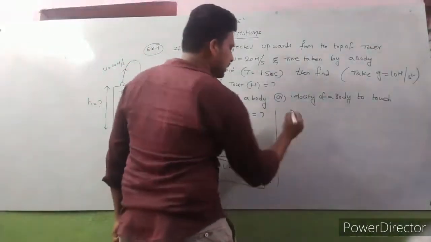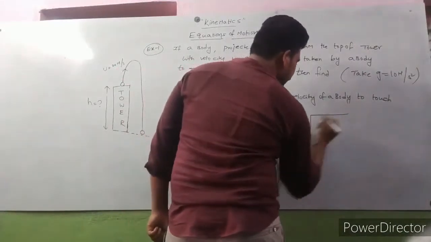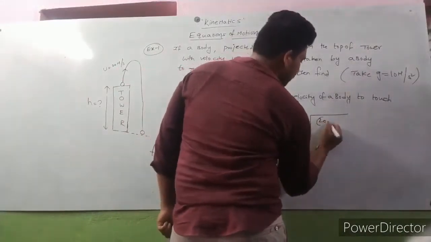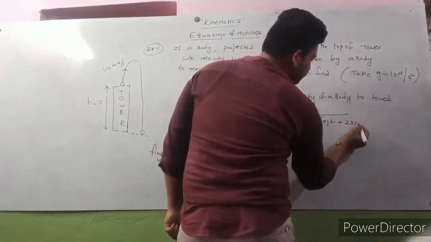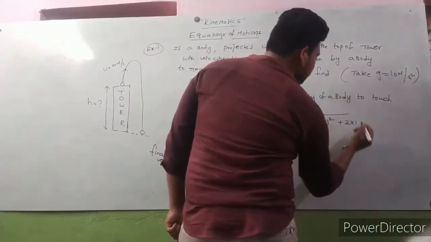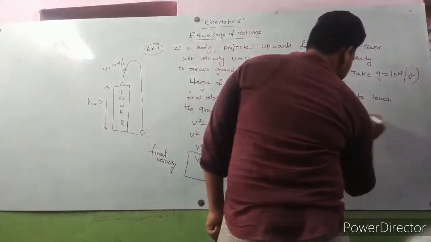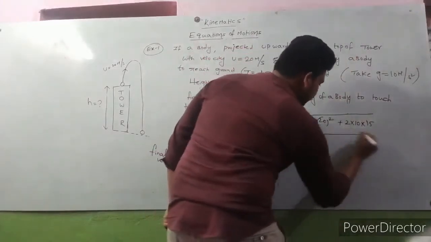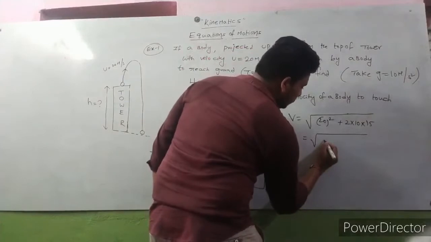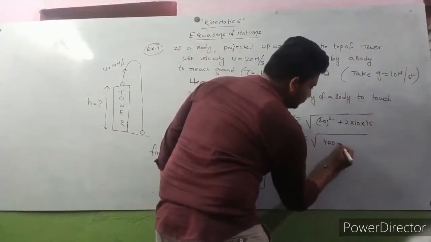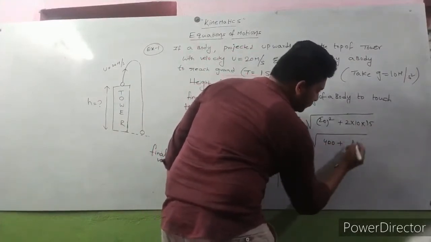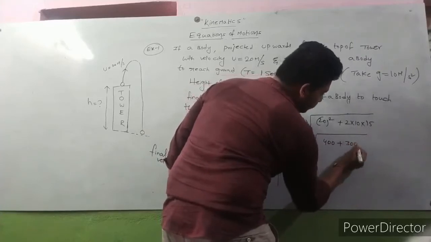So from this, v is equal to square root of u square, meaning 20 square, plus 2 into 10 into h value is 15, already we got here. So from this, 20 square means 400, 15 into 2 into 10, 300.